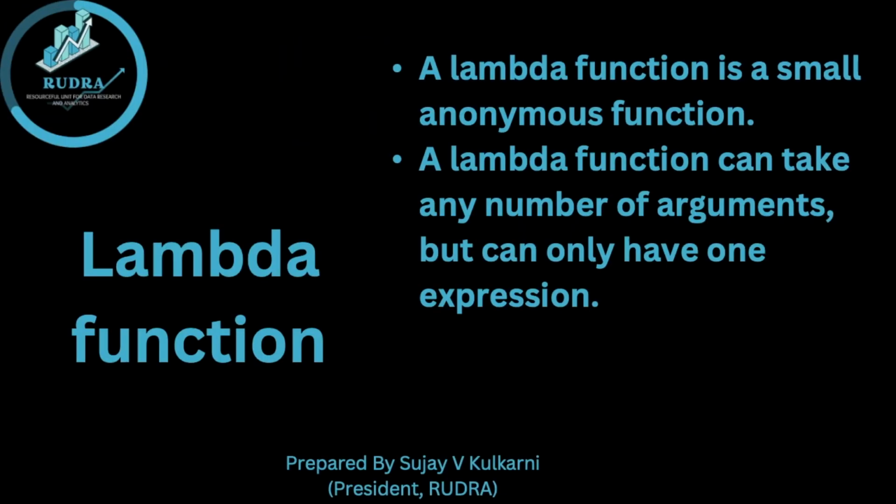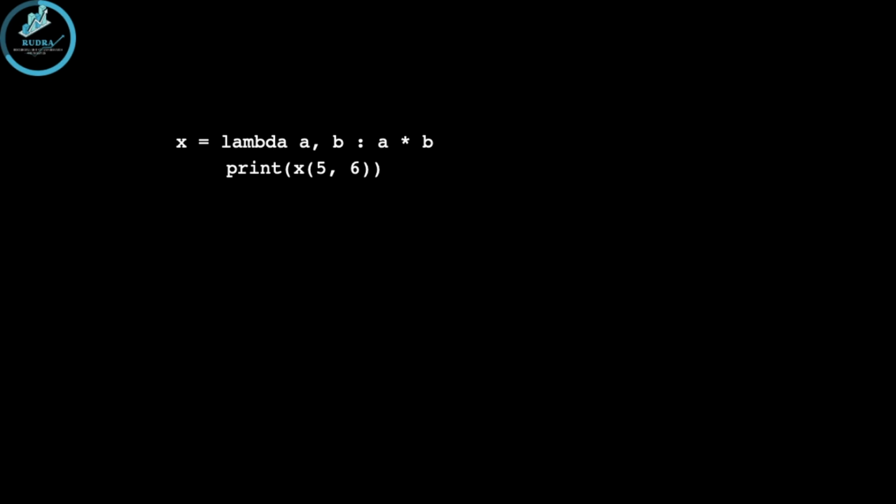Lambda functions is just a small anonymous function. It can take any number of arguments, but it can give you only one expression as the output. They are written only in one line, where the lambda keyword is used, and whatever is passed into the function is written towards the left of colon, and whatever is the output is written towards the right of colon, and this is assigned to a variable.